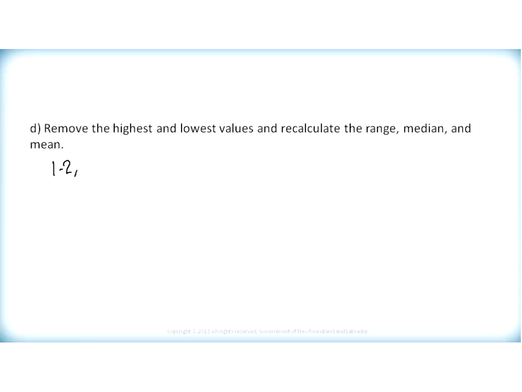Then I'm going to have 1.4, 1.4, then 1.5, 1.5, 1.6, 2.0, and 2.1. So I have now only 8.